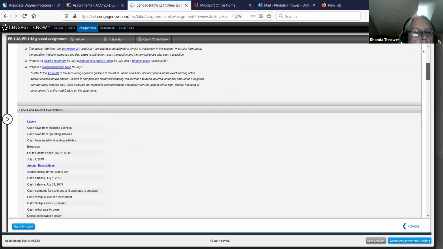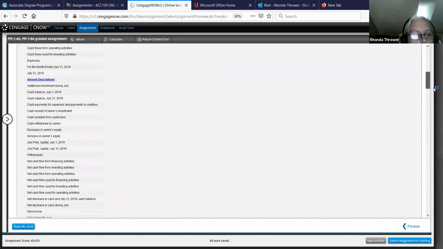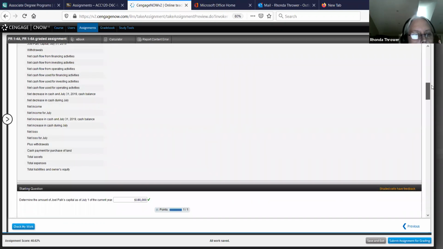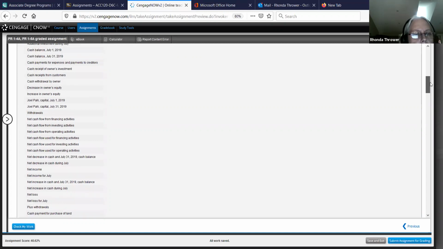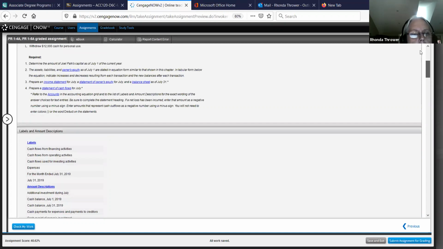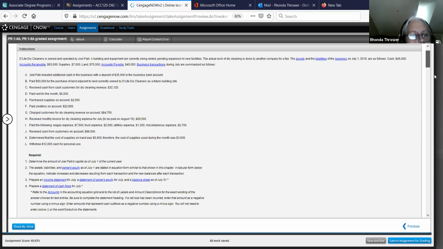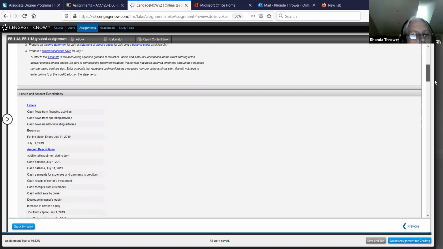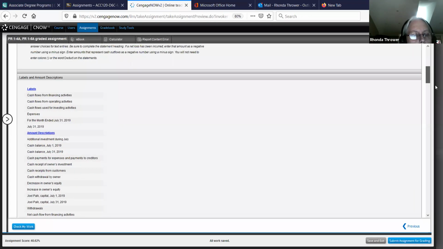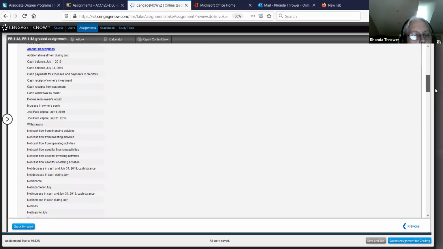And so we want to look at where it says labels and amount descriptions. And let's see, where else does it say? Description. I'm looking for revenue.